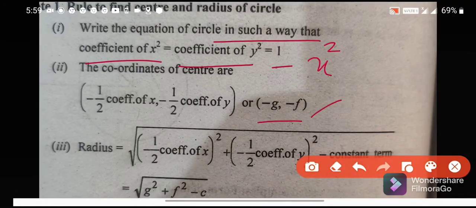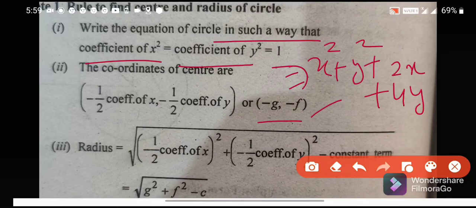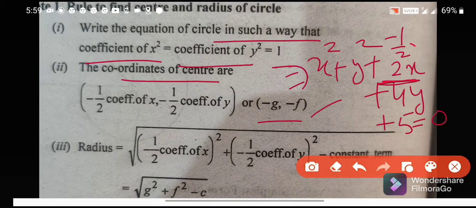For example, we have an equation x square plus y square plus 2x plus 4y plus 5 is equal to 0. Now coordinates of center: minus 1 by 2 coefficient of x, that is minus 1 by 2 multiplied by 2, that is minus 1.